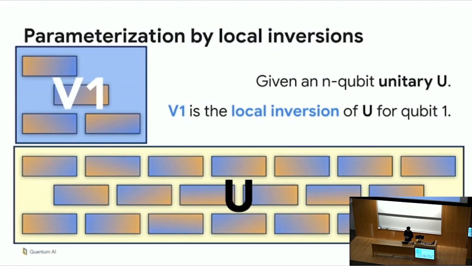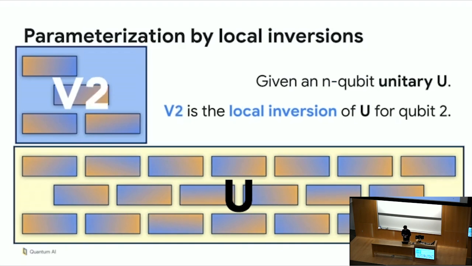To see that, it's kind of already drawn here. If V1 is selected to be the inverse for the corresponding 4 of these gates, then after applying it, it will invert all of those gates and reveal the first qubit. And hence, one could see from just that simple graphical proof that for a shallow quantum circuit, there always exists a local inversion that only acts on a small number of qubits.